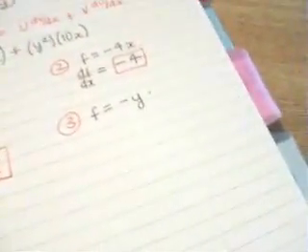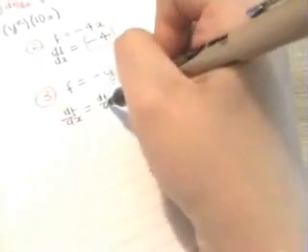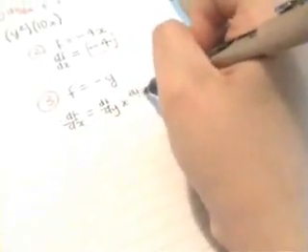We've got f equals minus y, so df over dx is equal to df over dy times dy over dx.